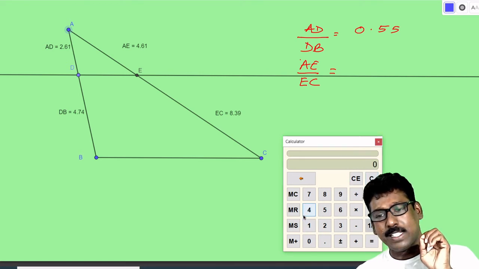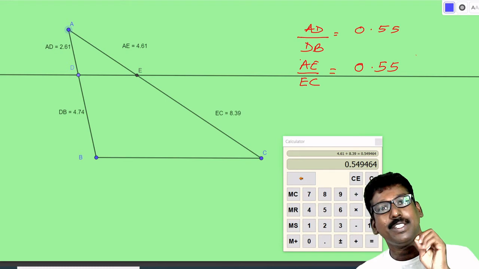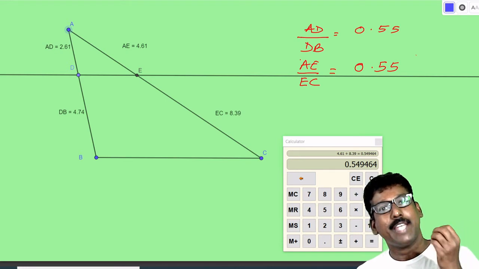Now, what is AE by EC? That is 4.61 divided by EC is 8.39. That also is equal to 0.5494, or corrected to two places of decimal, you can write 0.55. In this case also AD by DB is equal to AE by EC.